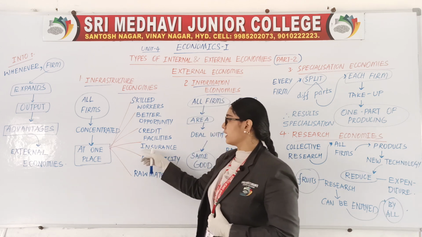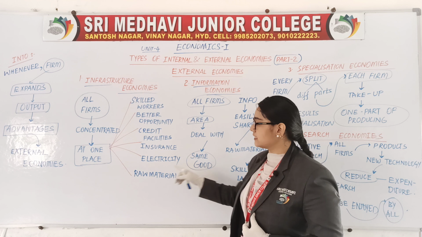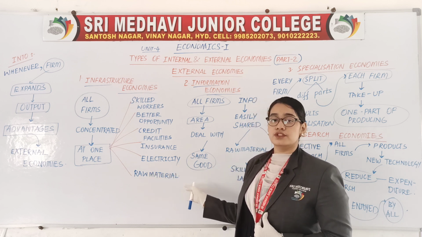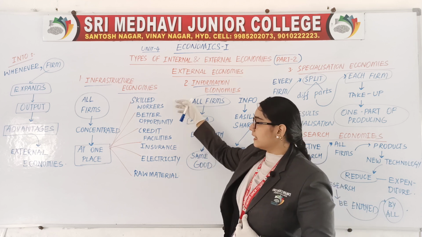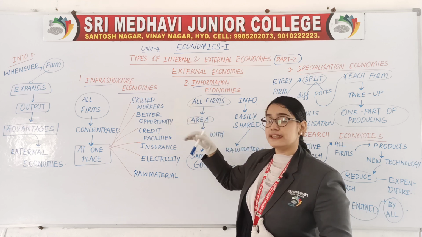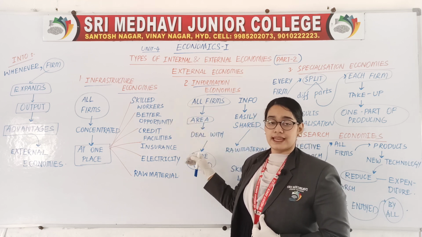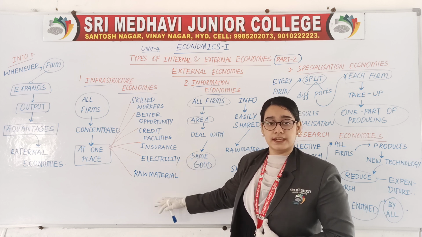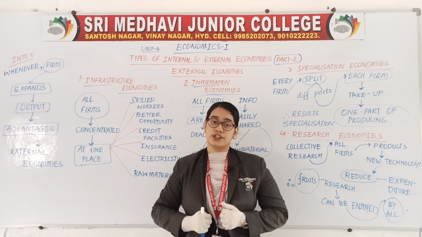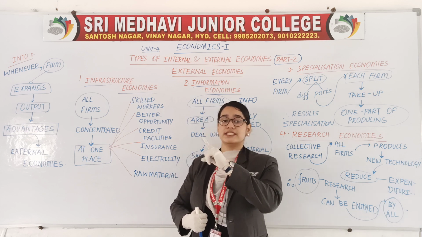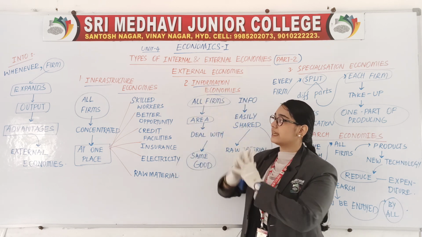Then next, insurance, electricity, raw material. So, these are all what? Infrastructure: skill, labor, opportunity, credit facility, insurance, electricity, raw material. All these things come under infrastructure. So, what advantage is an external economy getting?